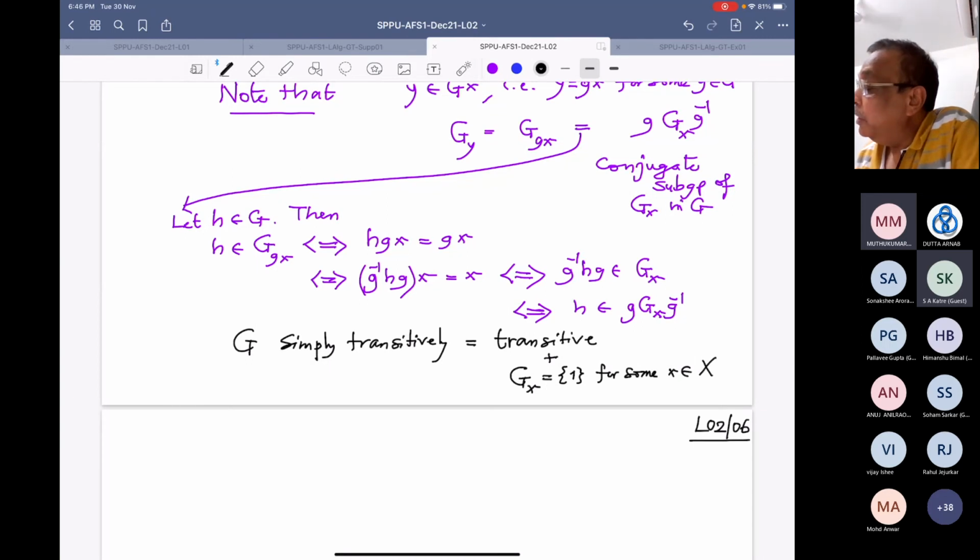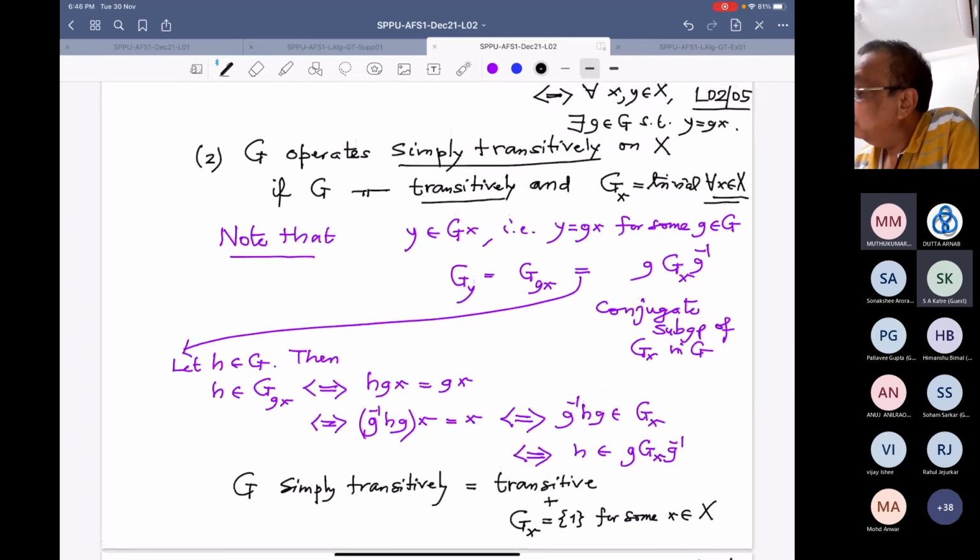You see, here I have written for every, but it's enough for one, for some. Because if for one it is trivial, then the other element in the orbit will be just a conjugate subgroup, and a conjugate subgroup of the trivial subgroup is trivial. So you have lesser checking for simply transitive.